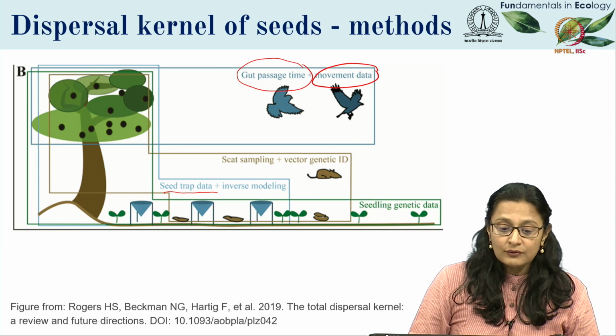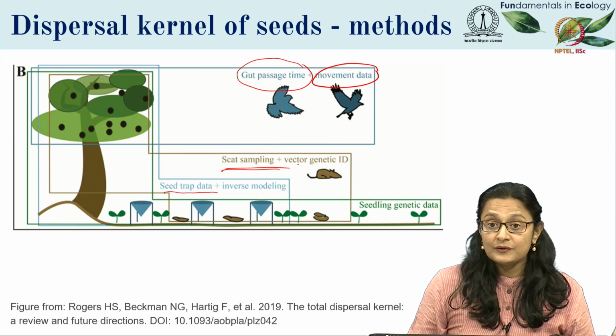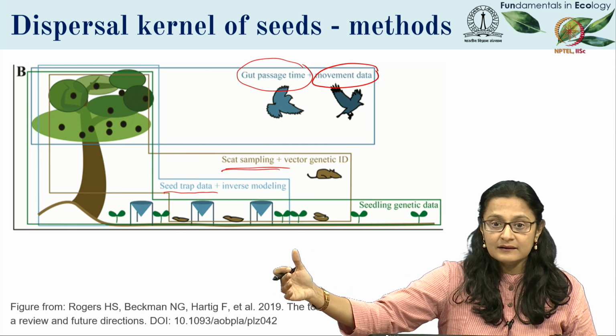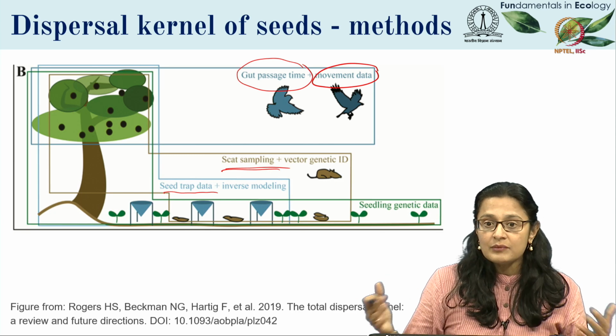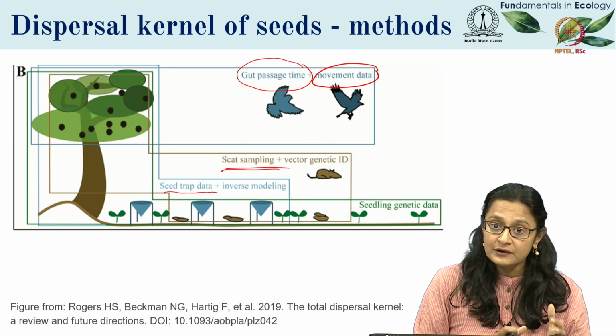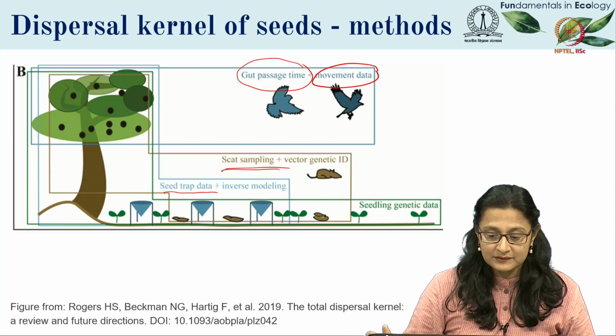You can also do scat sampling. So if you collect scat in a systematic way away from parent trees, you can see how much of the seed of that parent tree or that species is found across space.